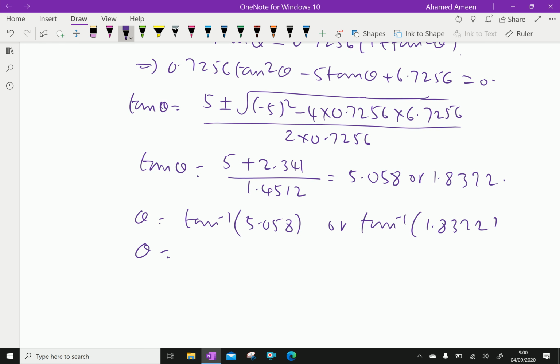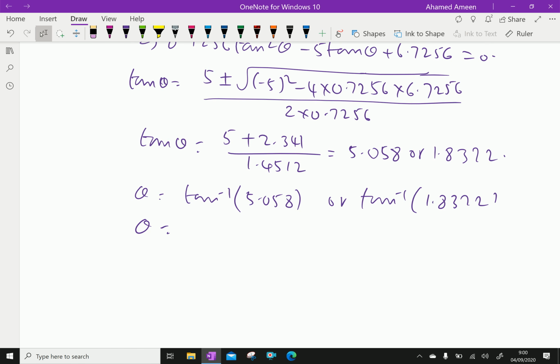Therefore theta is 78.8 degree or 61 degree 60 minutes.